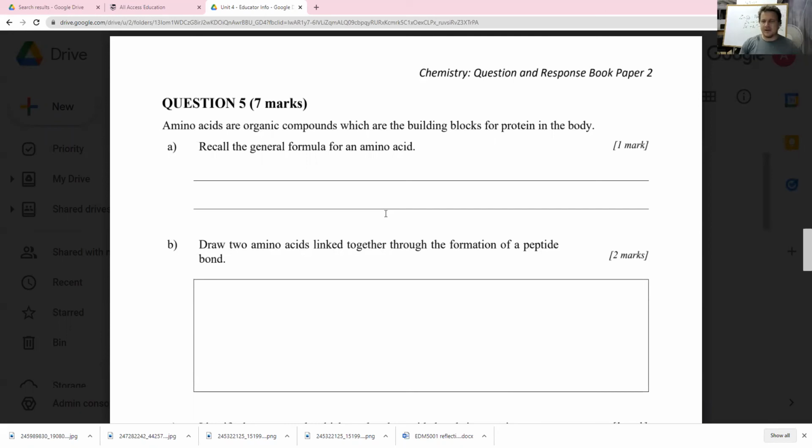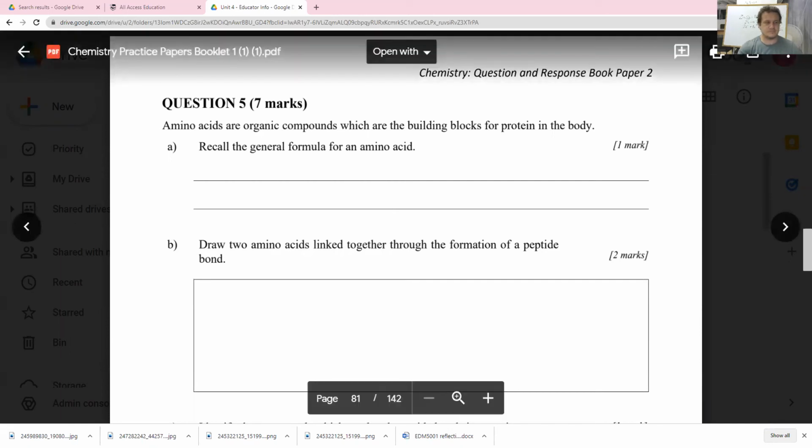So, what's an amino acid? Anybody have any idea? What have we got on amino acid? No pressure. It's all in the name. So amino acids make up proteins.